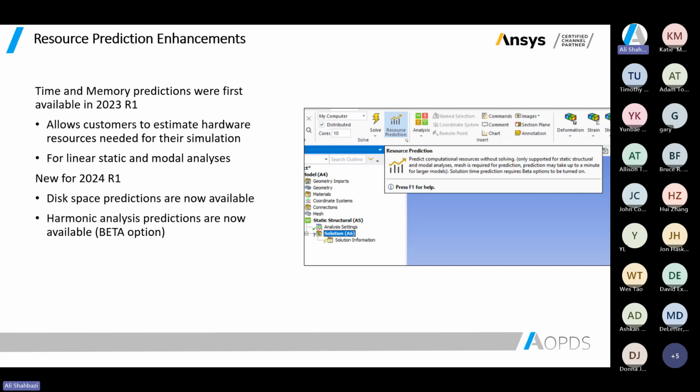For linear, static, and modal analysis, new for 2024 R1, disk space predictions are now available. I myself faced this issue many times that I will set up everything, I hit solve, and the solver will start doing its job.